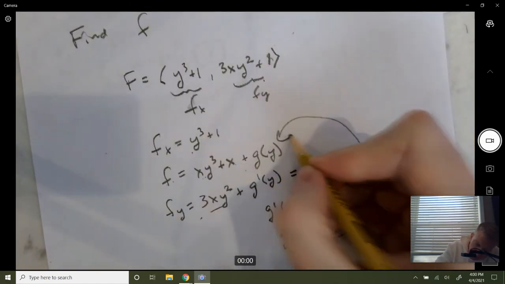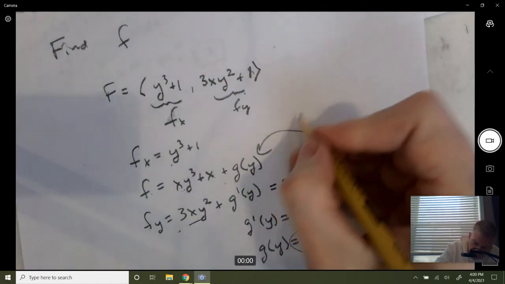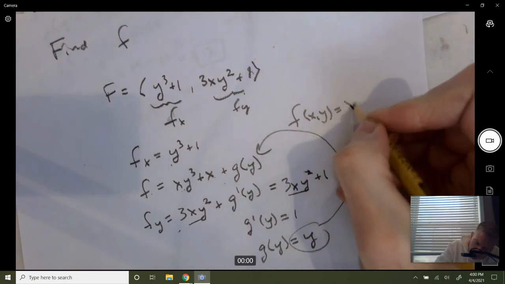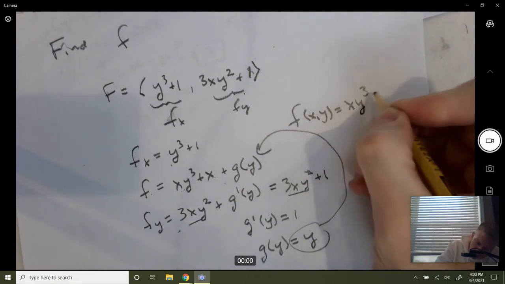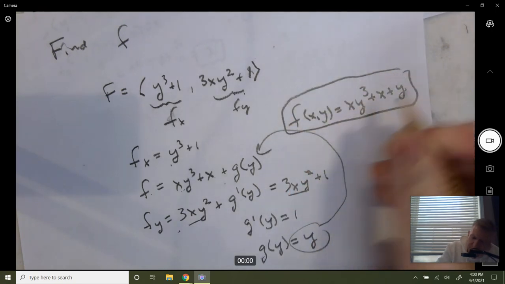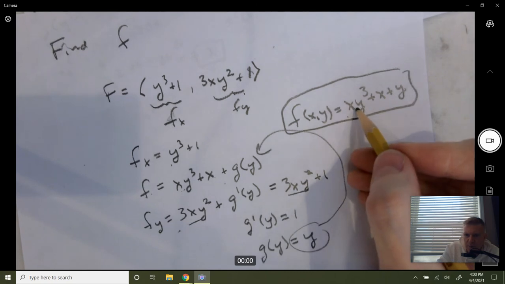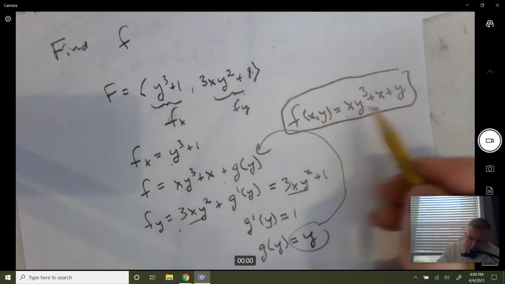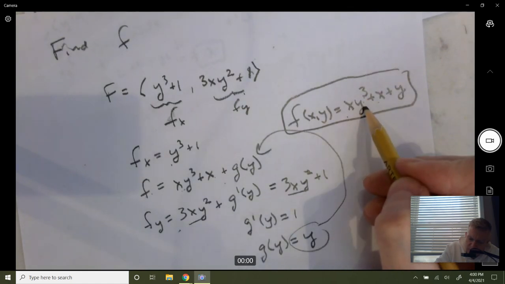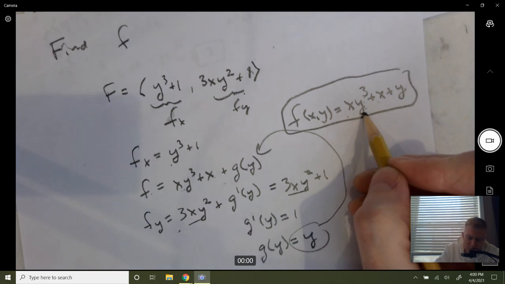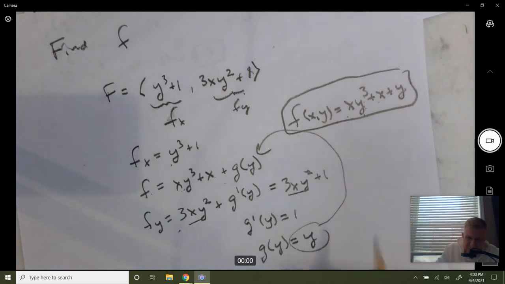Plug that in here, and you've got your potential function. So f(x, y) is equal to xy cubed plus x plus y. Double check. Your x derivative should be y cubed plus 1. It is. Your y derivative should be 3xy squared plus 1. It is.